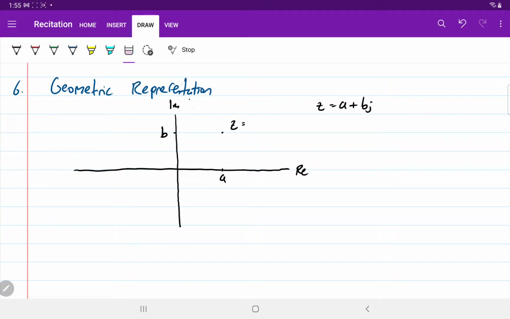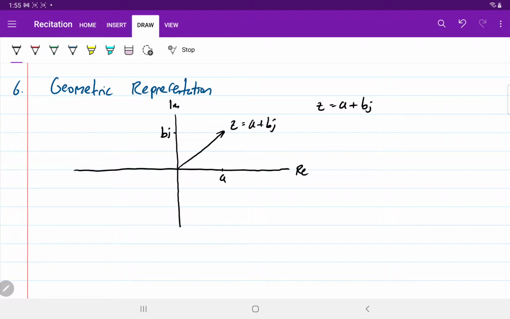So the imaginary part represents the symbol j, or square root of -1, so z is nothing but a plus bj. So this vector here represents this complex number z.